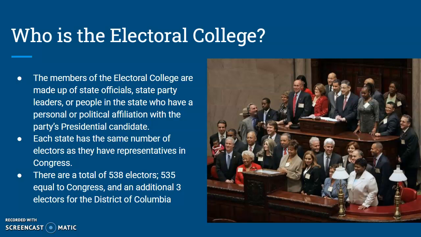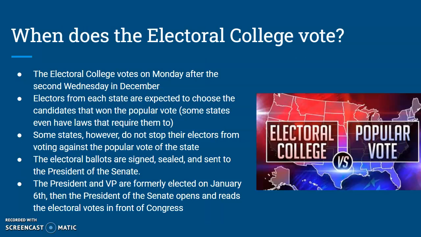And remember, Congress is the House of Representatives and the Senate put together. So each state gets the same number as they have in Congress. We have a total of 538 electors. 535 of those come from Congress, and an additional 3 are electors from the District of Columbia. We'll talk more about that in just a minute.